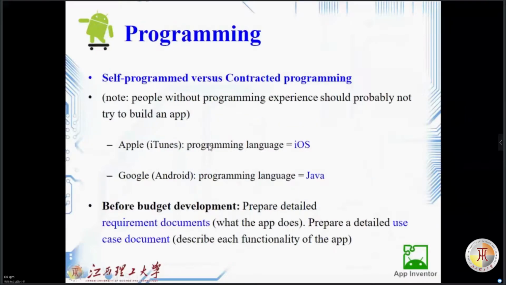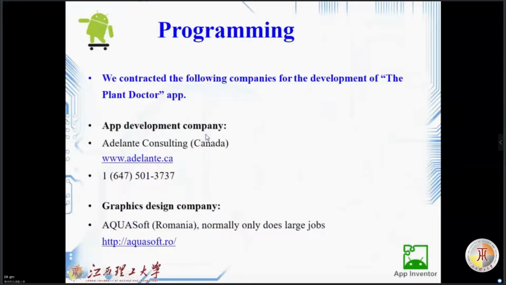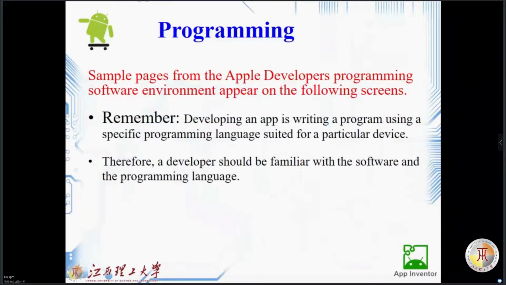The other part that we should remember is programming. We contracted the following companies for the development of the Plant Doctor. Suppose they use an app development company and a graphic design company, which numbers and data are there. But remember, a sample page from this app is on the following screen.